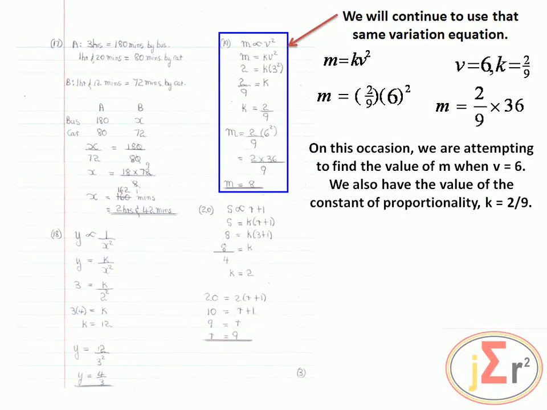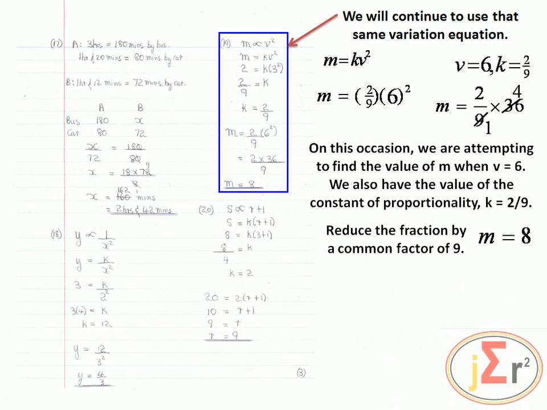And what do we do next? Reduce the fraction by a common factor of 9. 9 into 9 is 1, and 9 into 36 will go 4 times. No doubt 2 times 4 is equal to 8.